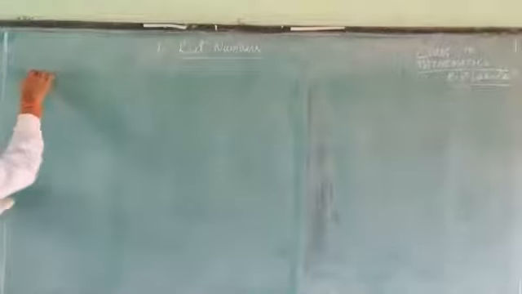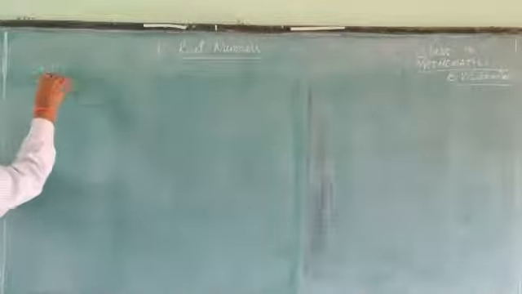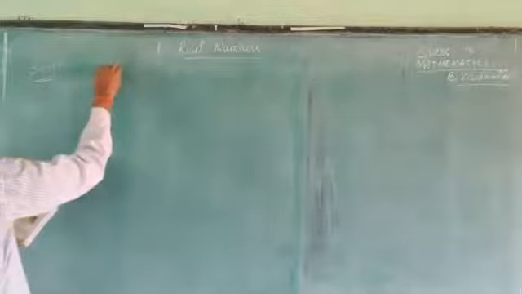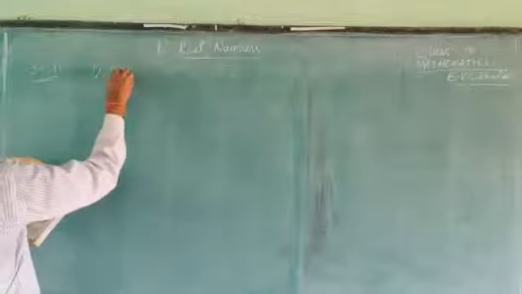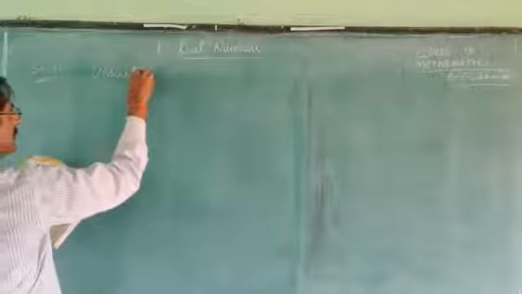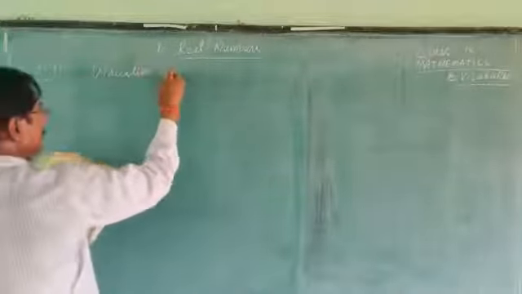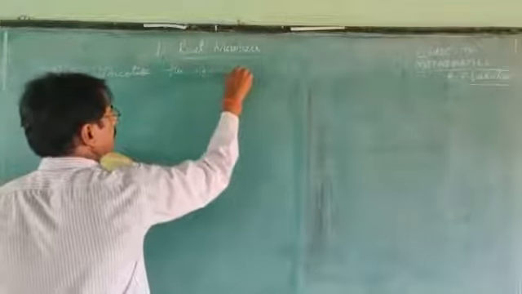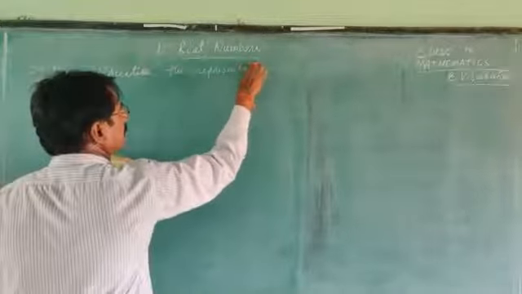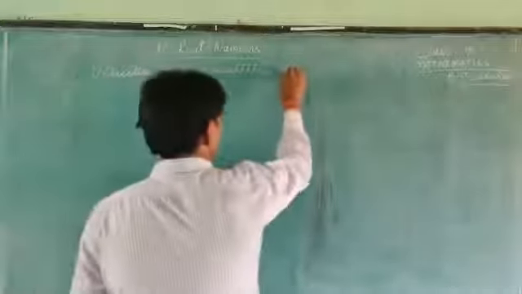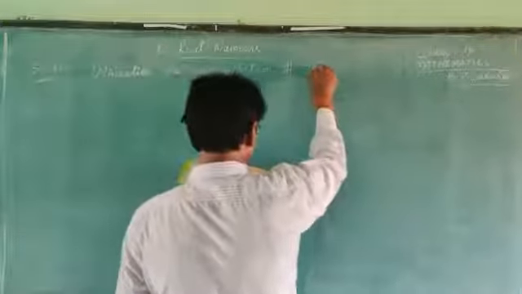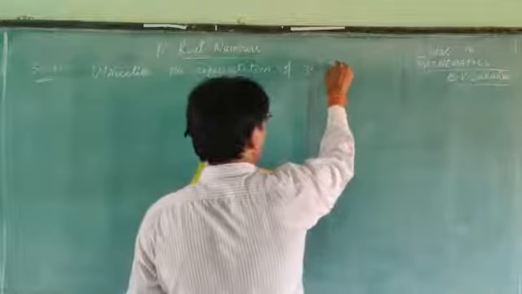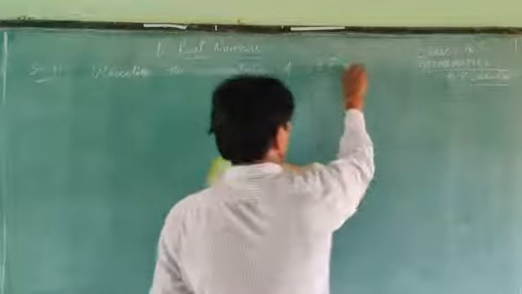It is example 11 in your textbook. Represent 3.58 bar on the number line.